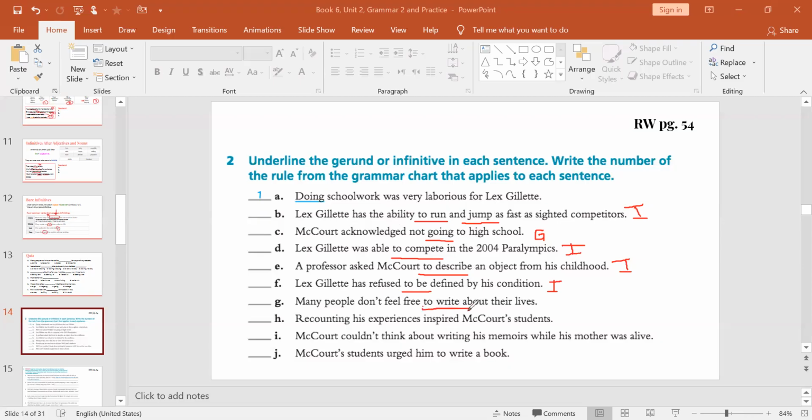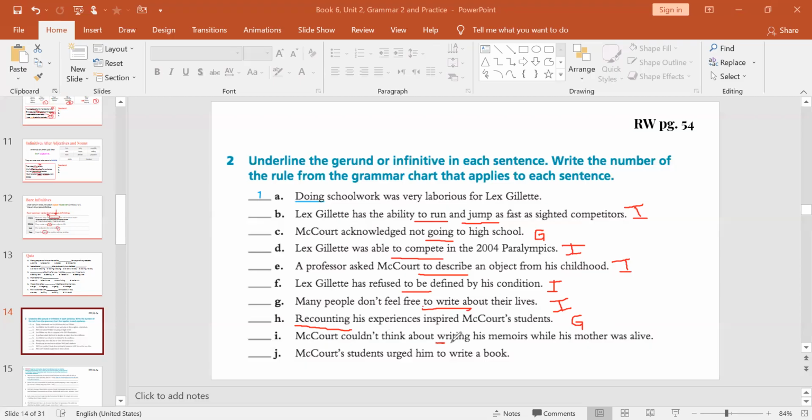To write, it's the infinitive. Here, this is the gerund at the beginning of the sentence, functioning as the subject.